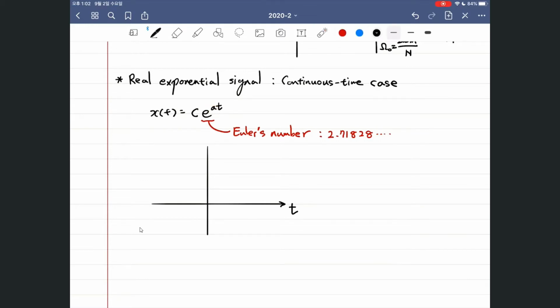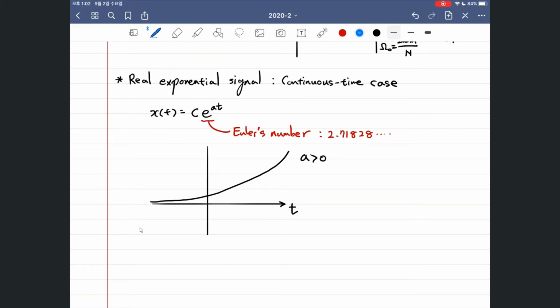If a is bigger than 0, then the exponential function grows as time goes on, like this shape.